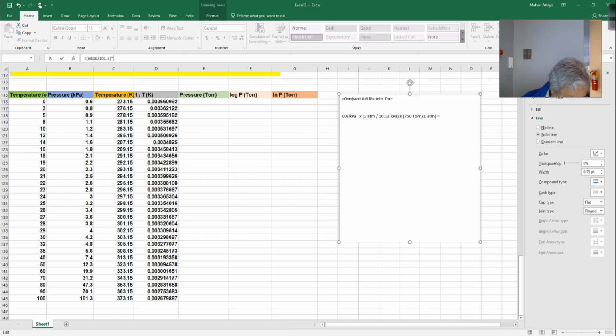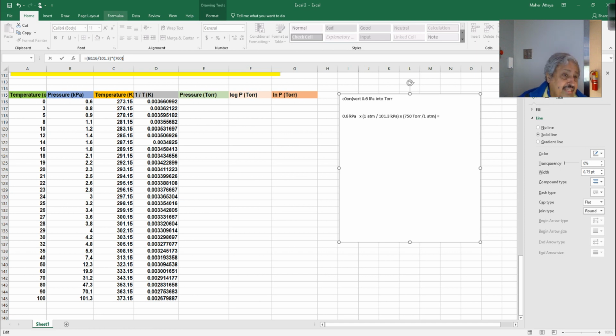I'll correct it later on. Multiply by, open the parentheses again, 760, close. That's really punishment today I'm getting from you guys. I can't see anything, it's really dark there.